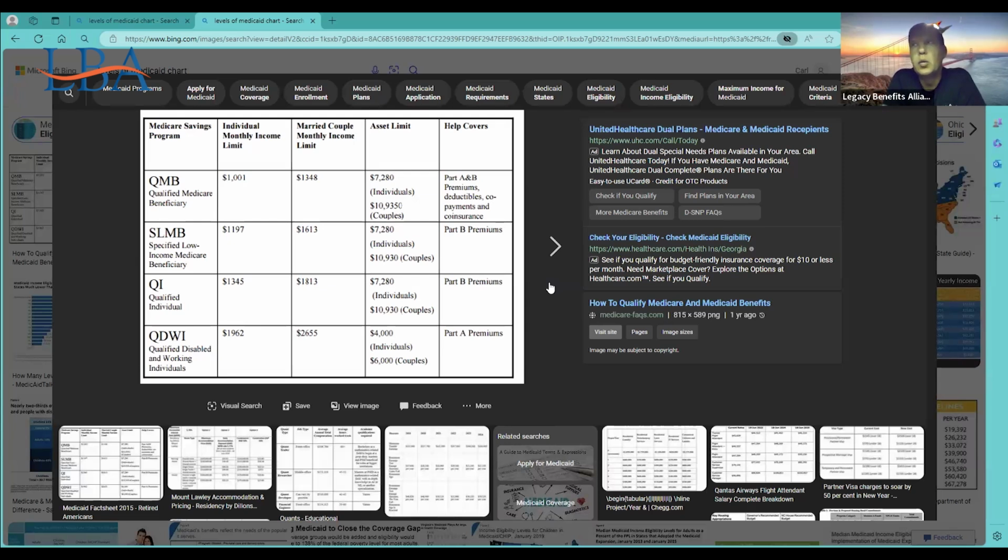So when we talk about institutionalization, there are plans that are available that we cannot sell for people who are going to be in an institution long term. If you look at any summary of benefits, you're going to see that there is a period of time where the cost is different, and it's broken into two sections.